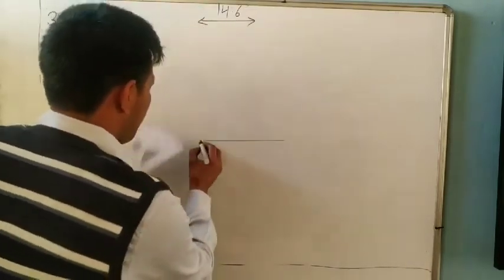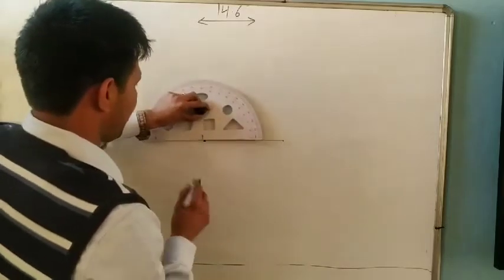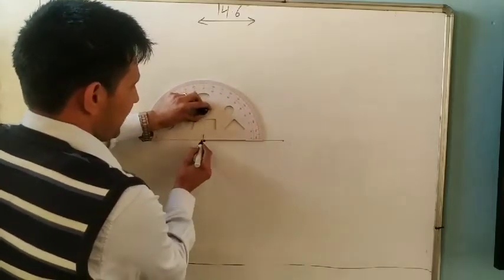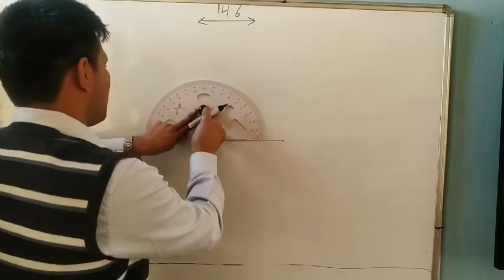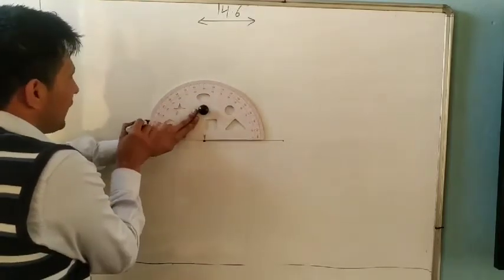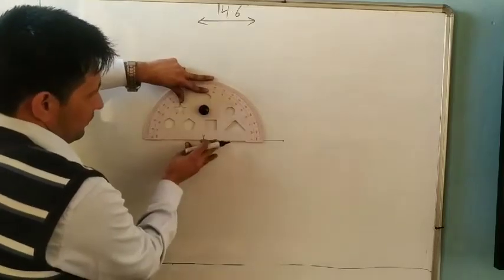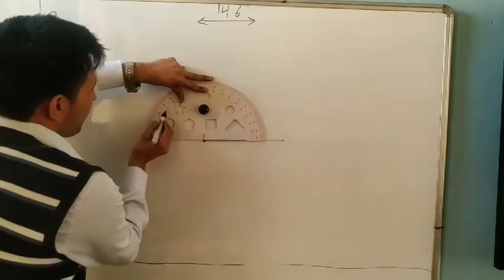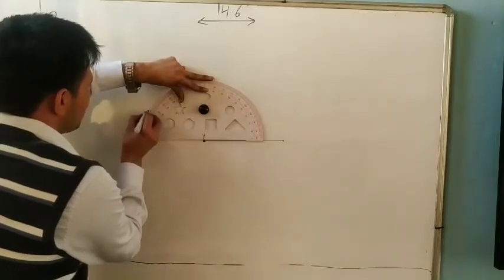So 153, how will you make? Put the pointer at it. Put the middle of the protractor at the starting point. And 153: it is between 150 and 160. Look at 150, 151, 152, 153.